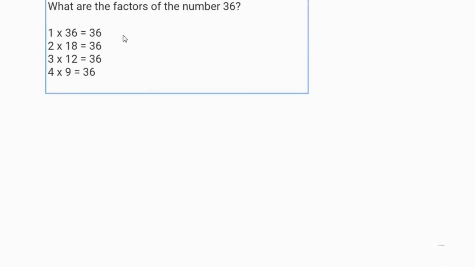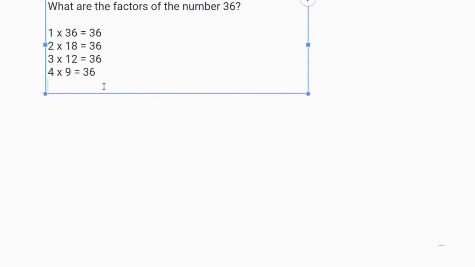Now we have 5. 5 is definitely not a factor of 36 because we know the tables of 5. It's easy. It's 5, 10, 15, 20, 25, 30, 35, not 36. So therefore 5 is not a factor of the number 36.